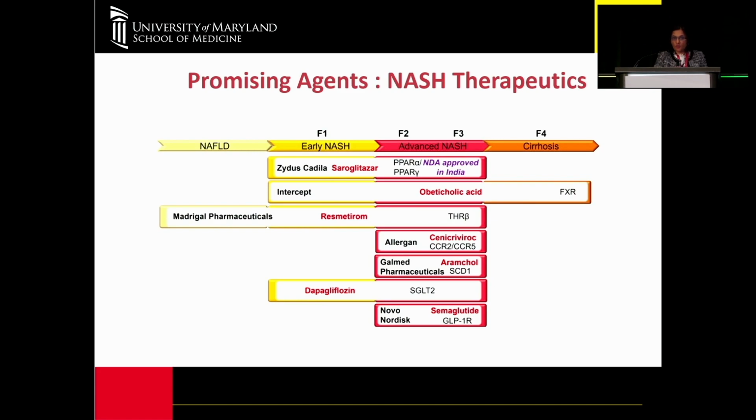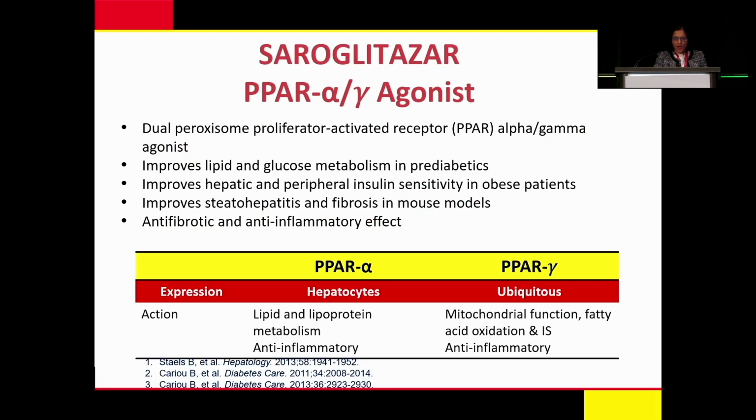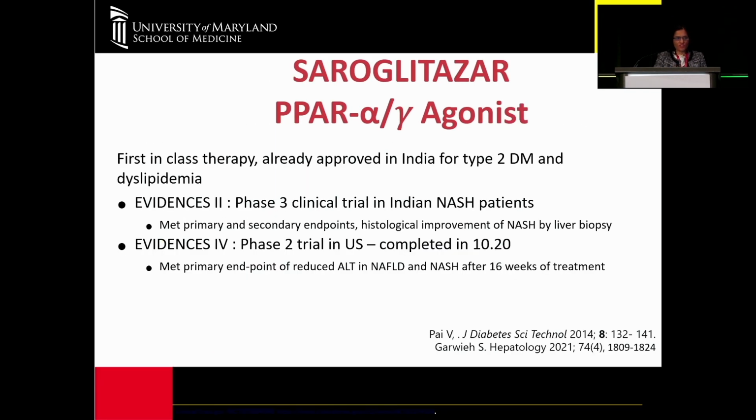These are some of the more promising agents in terms of NASH therapeutics, and I'd just like to talk briefly about some of them. The first of these is saroglitazar, which is a dual PPAR agonist, and has been shown to have an antifibrotic and anti-inflammatory effect. It's a first-in-class therapy.